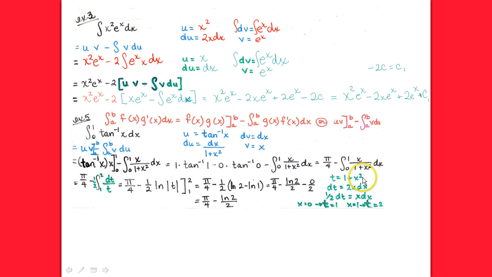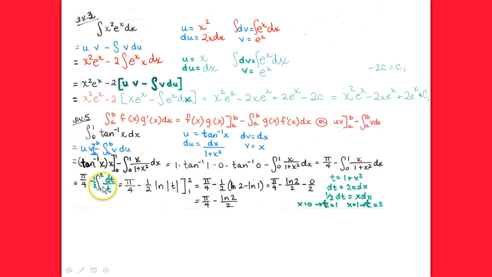The derivative of that would be 2x, and the differential would be 2x dx. Then I just had an x dx, so I'm going to have to get rid of the 2. So divide both sides by 2, and 1/2 dt will be x dx. So I'm going to replace this x dx right here with the 1/2 dt. This whole denominator became t, so we've got our t in the denominator.